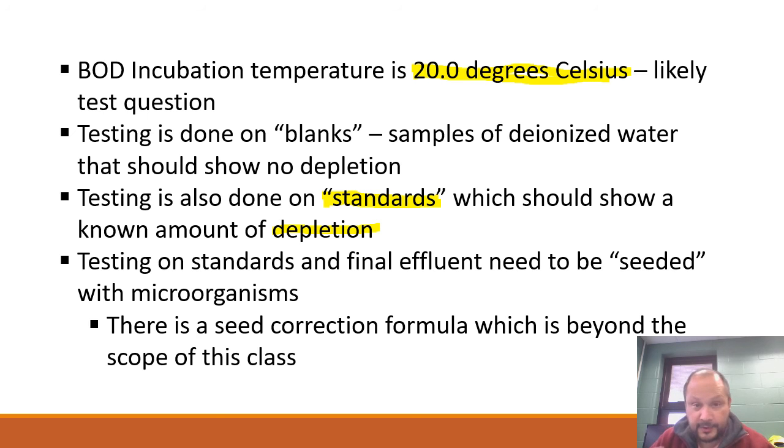So this test is basically we're measuring how much oxygen is being used up while the microorganisms are consuming that organic material. So the more organic material that is in the sample, the more oxygen is going to get used up by the microorganisms. So that's a little concept of the test.